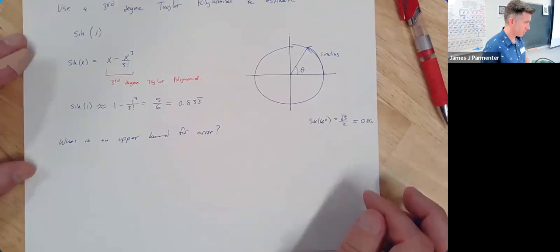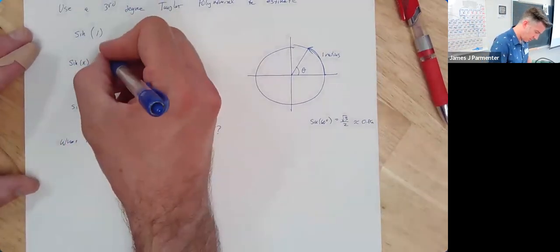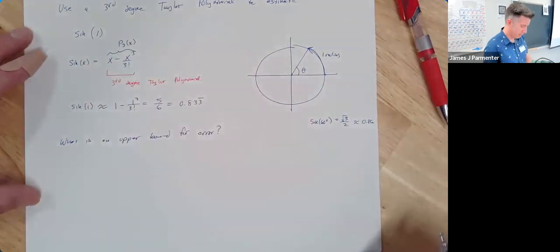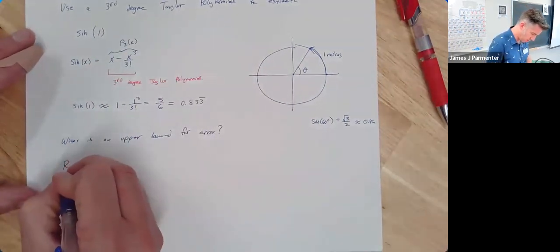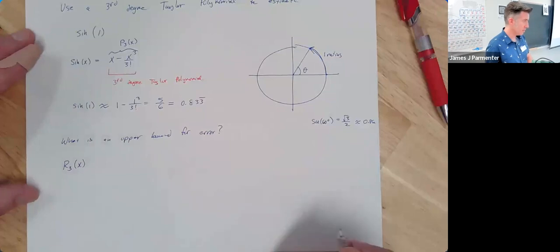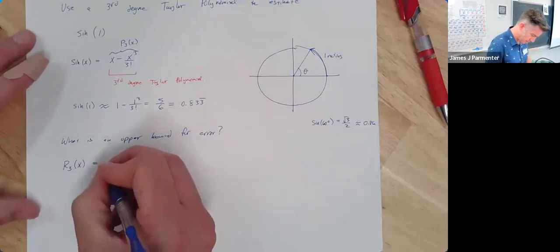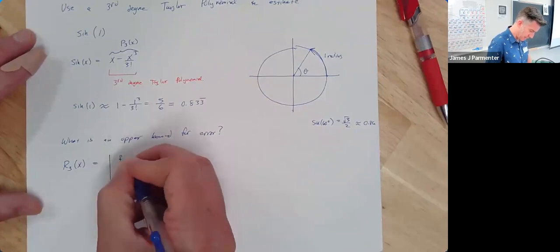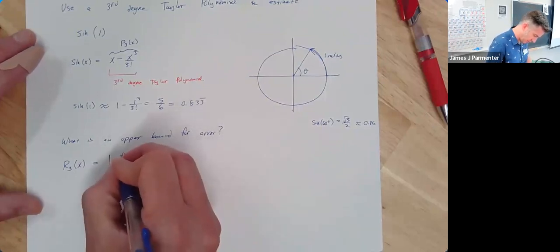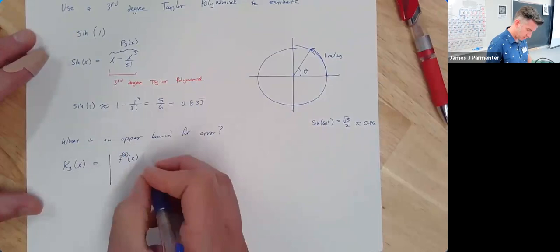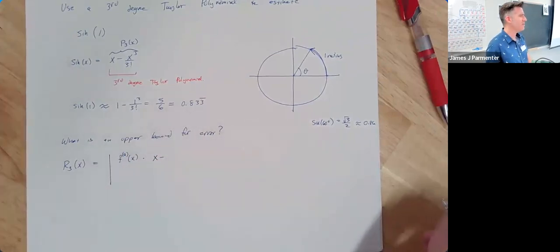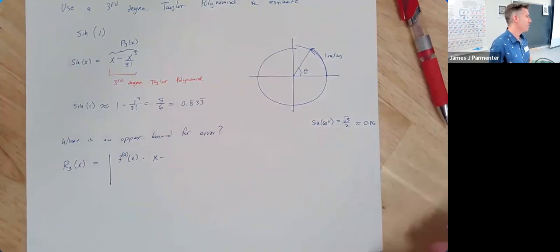Well, we're going to say that this is our third degree Taylor polynomial, P3 of x. And so our remainder, R3 of x, is just given by the absolute value of the next derivative, so the fourth derivative of my function, times x minus my center. What was my center that I never ever said?